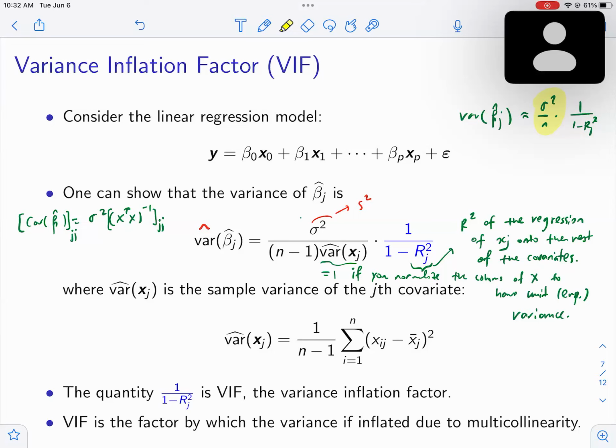This part is tricky. It's the factor that's causing the inflation unnaturally if you have multicollinearity. It's a very nice way of writing, this is linear algebraic, but it's not very intuitive. You can also see why I usually divide by n.